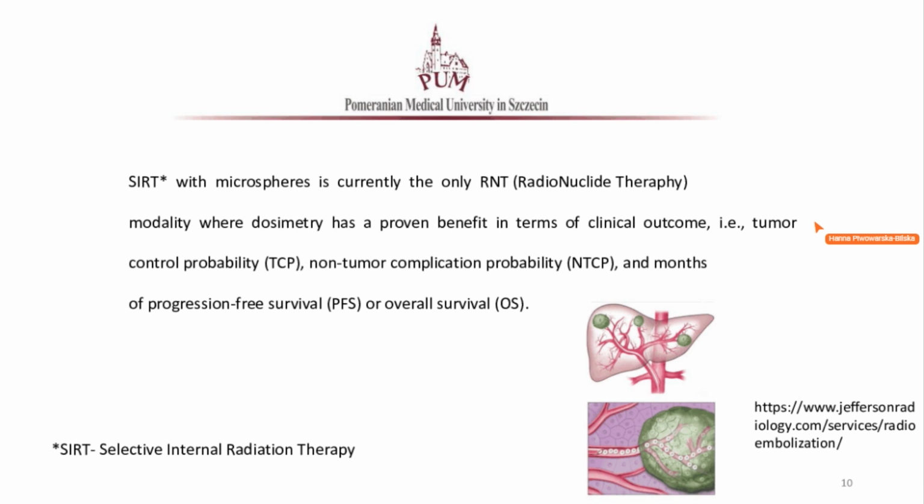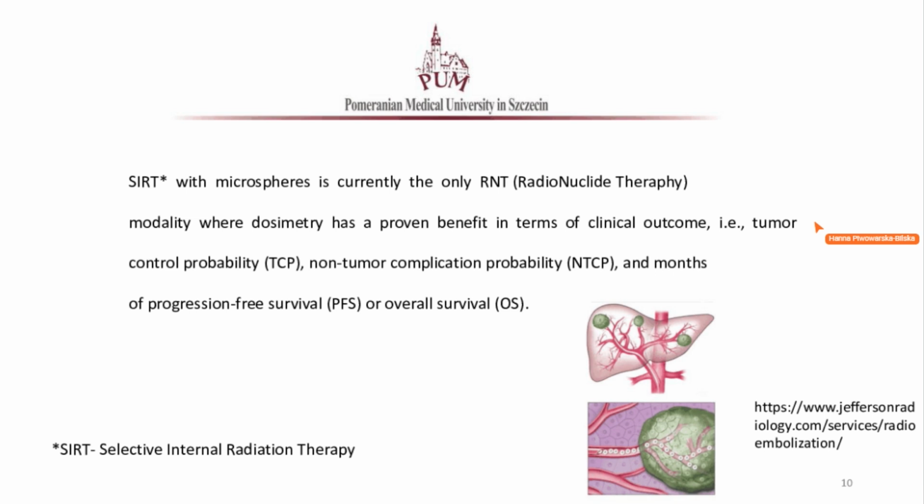SIRT, selective internal radiation therapy, is a modern modality to treat tumors, in particular liver tumors. So radiation is administered using microspheres directly to the organ. The spheres are filled with a radioactive isotope.